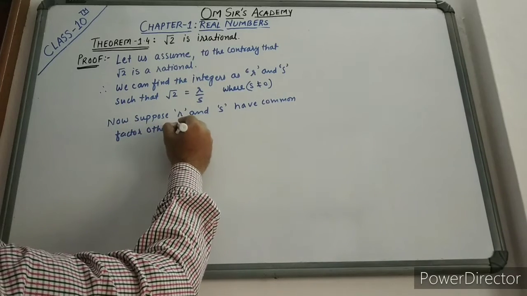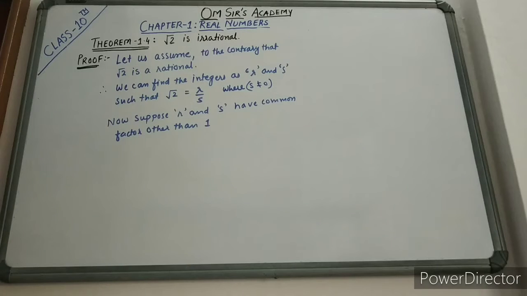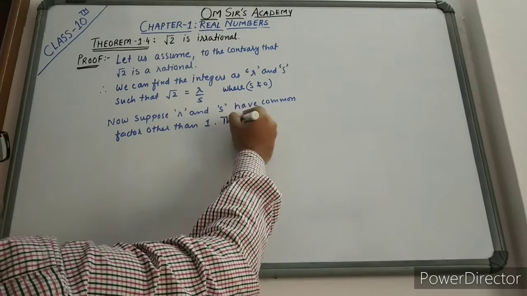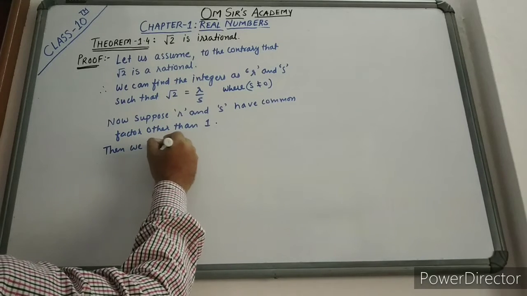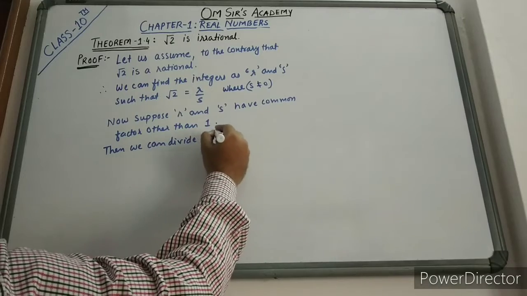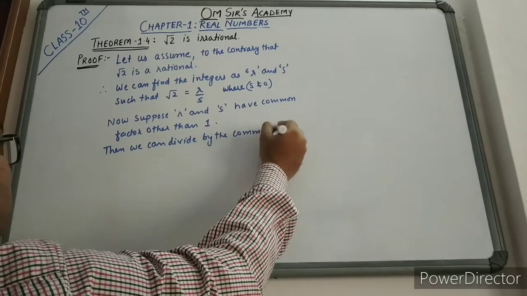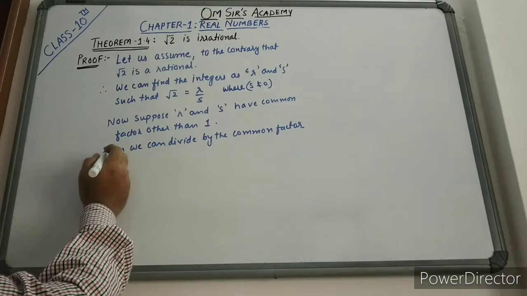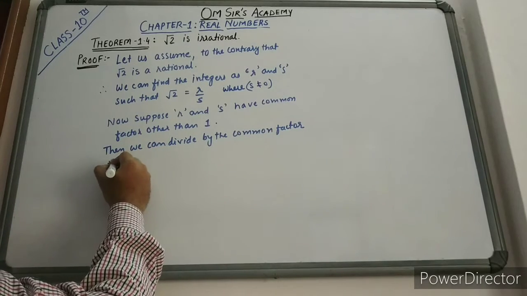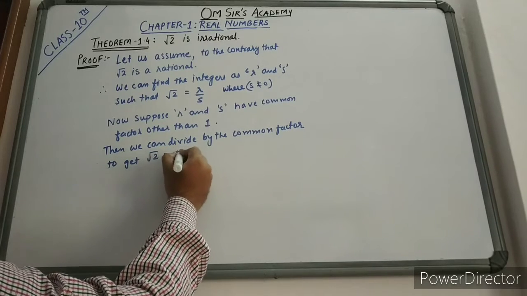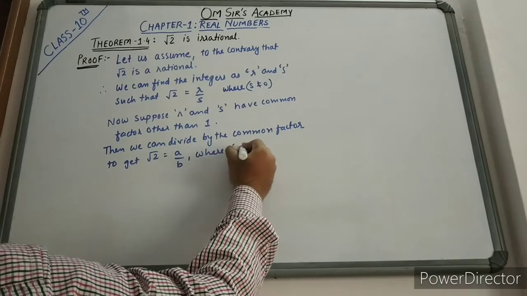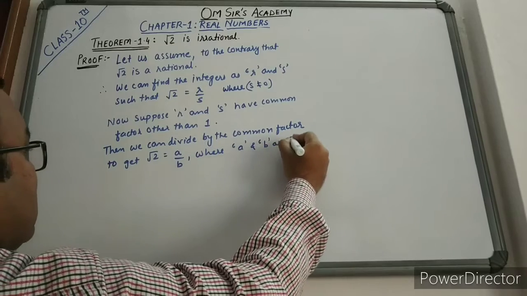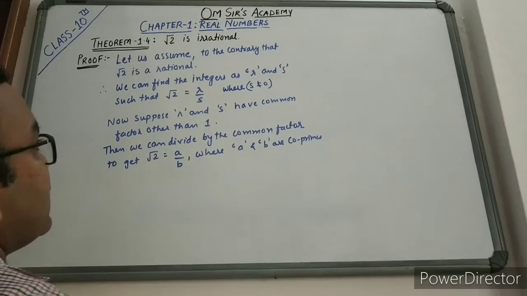Then we can divide by the common factor to get root 2 is equal to A upon B, where A and B are co-primes. Is it clear friends?